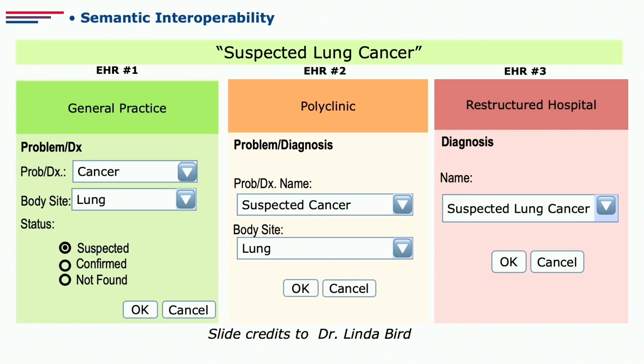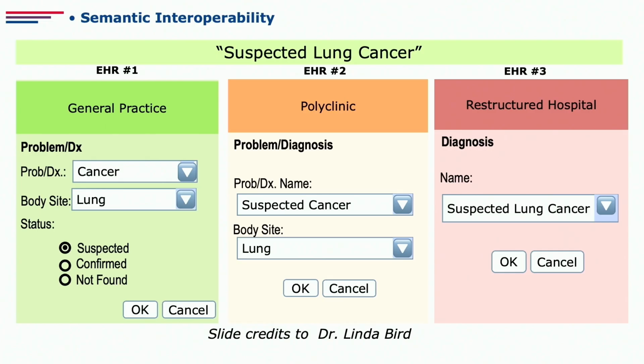One of those systems represents this concept as probable cancer body site lung. Another one of those systems represents it as suspected lung cancer. And the third system uses a SNOMED code that means suspected lung cancer. 3 different ways of representing the same easy to understand concept.